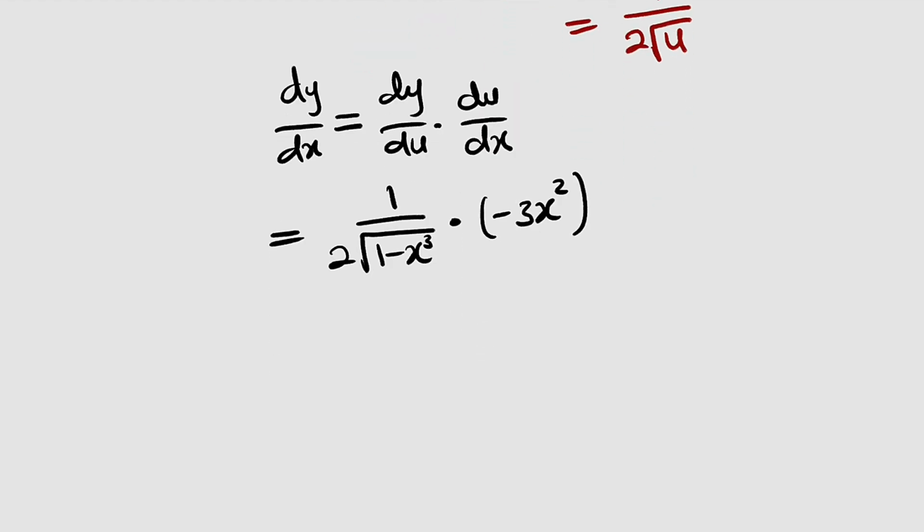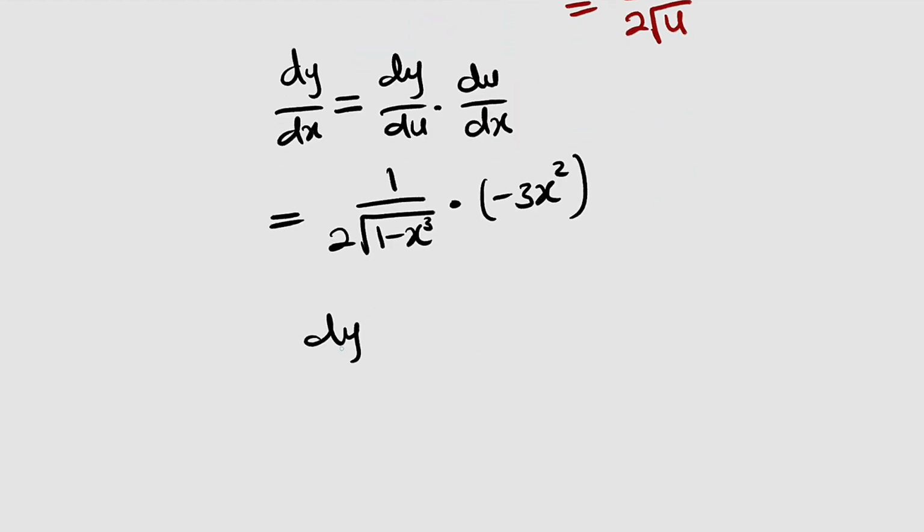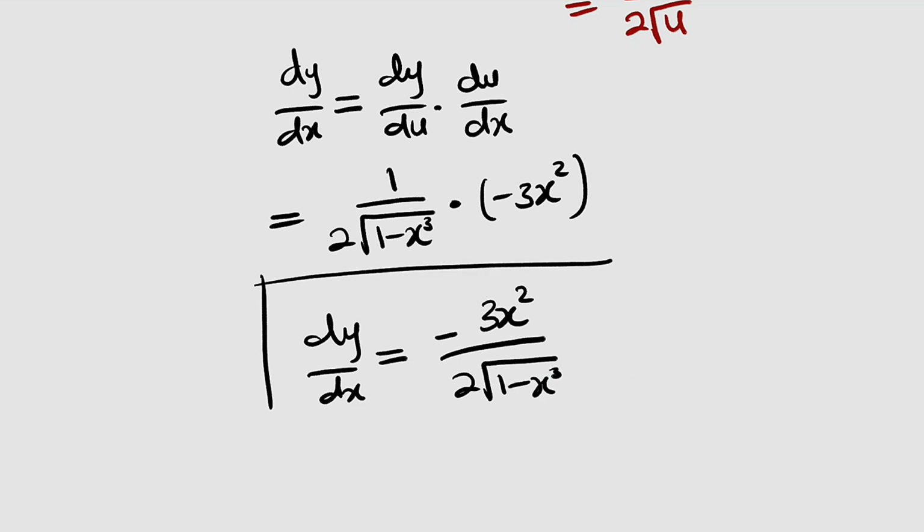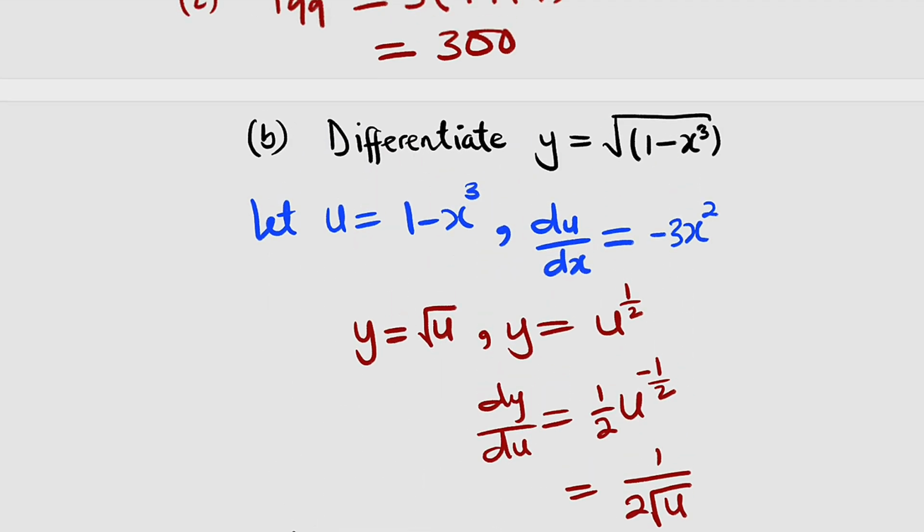This is dy over dx. Therefore, dy over dx that we are looking for is equal to negative 3x squared divided by 2 multiplied by the square root of 1 minus x cubed. This is just the derivative of y with respect to x, given that y is equal to the square root of 1 minus x cubed.